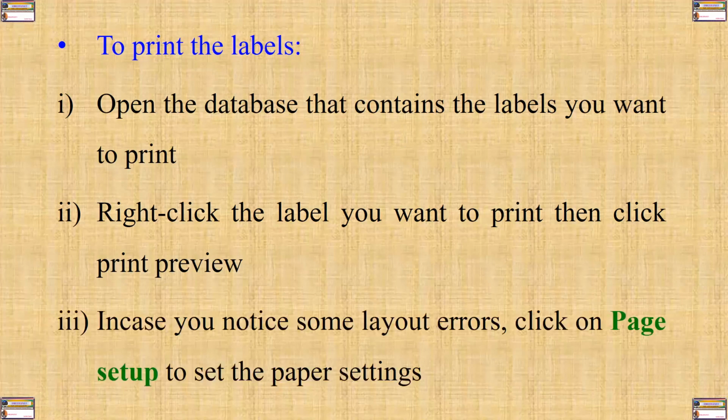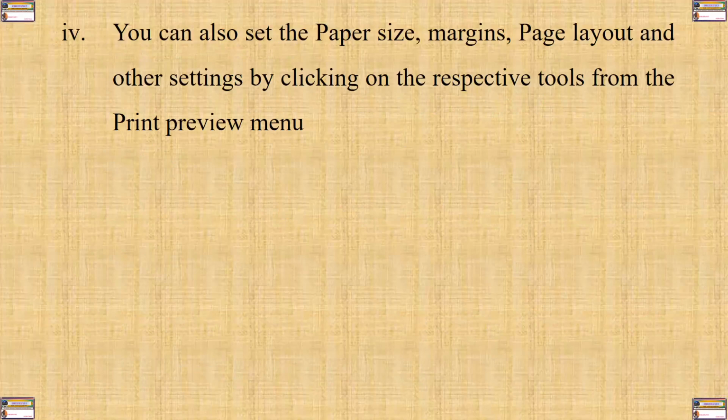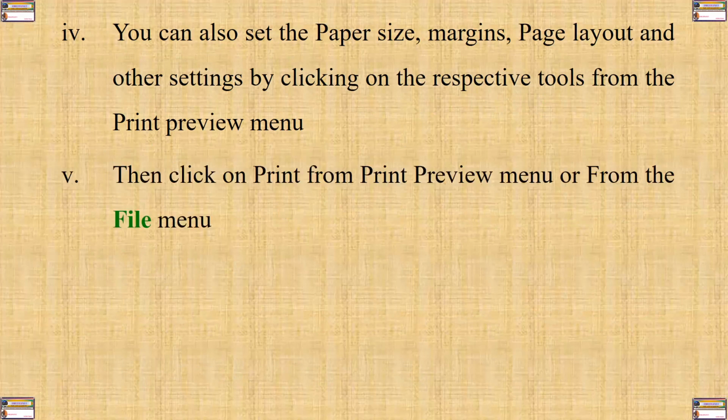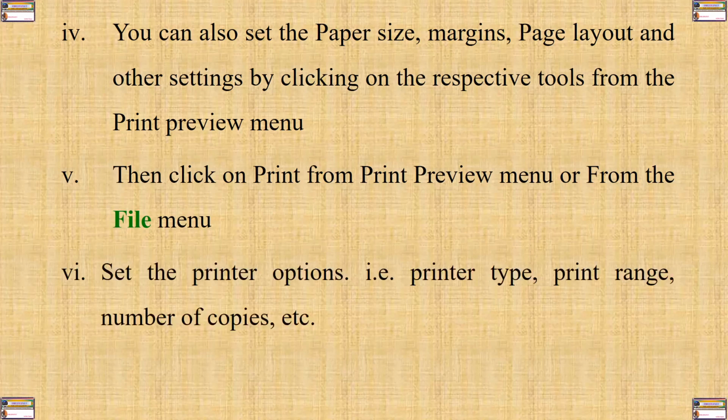In case you notice some layout errors, you click on Page Setup to set the paper settings. You can also set the paper size, margins, page layout, and other settings by clicking on the respective tools for the Print Preview. Then click on Print from Print Preview menu or from the File menu.